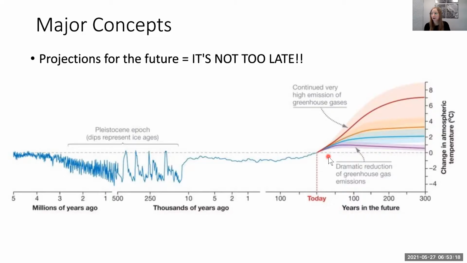So there are 4 options. If we continue to have really high emissions of greenhouse gases, you can see this red bar, here's the mean line. It's projected that we will increase the atmospheric temperature by about 7 degrees Celsius. If we do the opposite and we have a dramatic reduction in greenhouse gas emissions, it could be as low as 0.5.